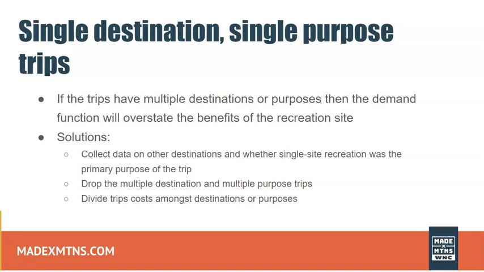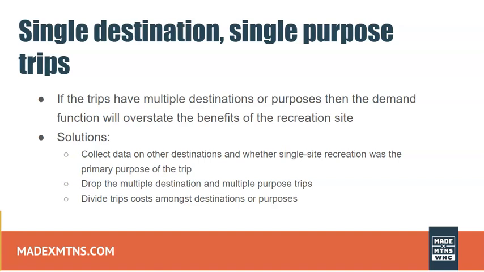Okay, so let's say you take off from your home and you have two destinations, destination A and destination B. If you estimate a demand function for destination B and attribute all of the benefit to destination B, then you're missing the benefits that the recreationist gets from destination A. And the same thing with multiple purposes.